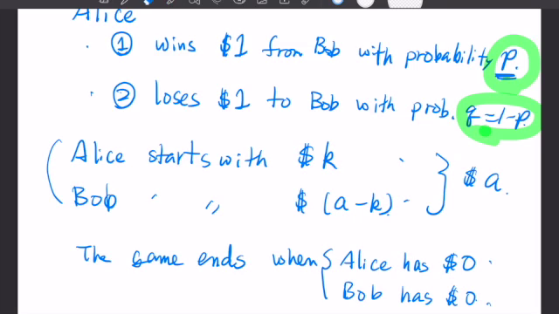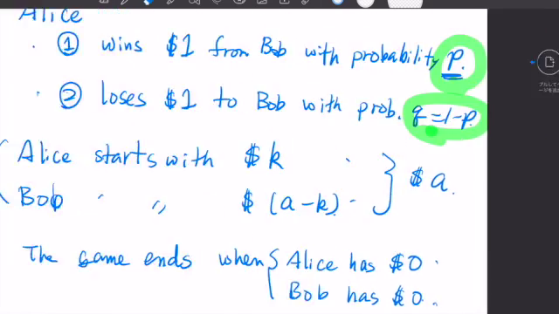Next, let us formulate this gambler's ruin problem in mathematical terms. So we first introduce a random variable that is called a Rademacher random variable.